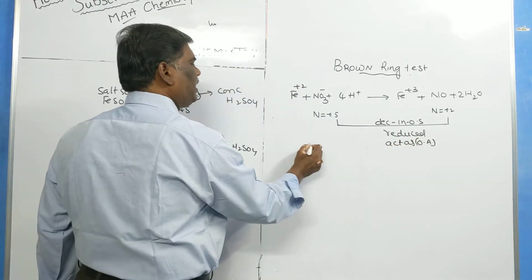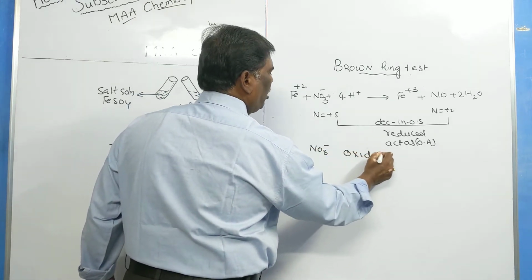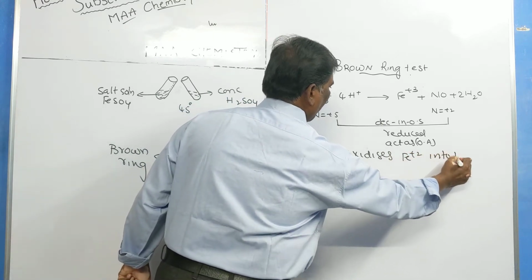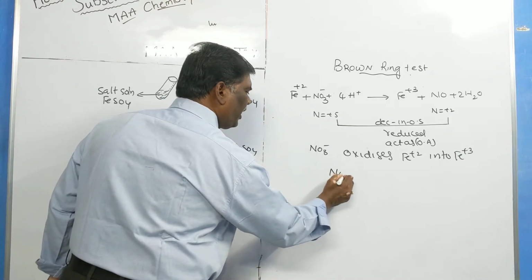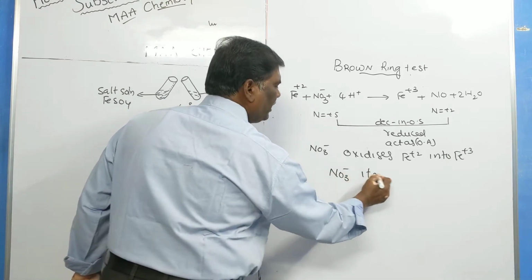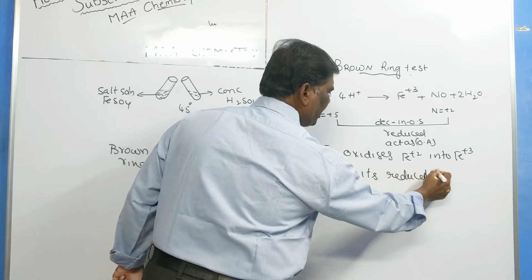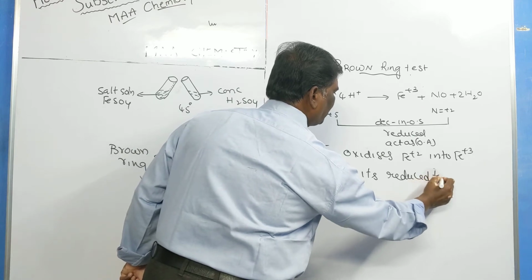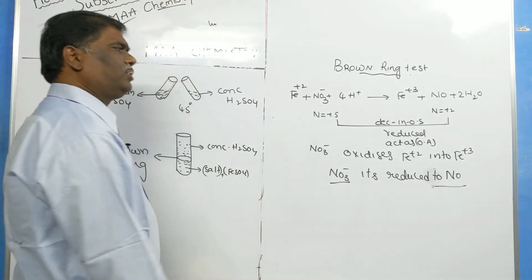So nitrate oxidizes ferrous into ferric, and nitrate itself is reduced to NO.